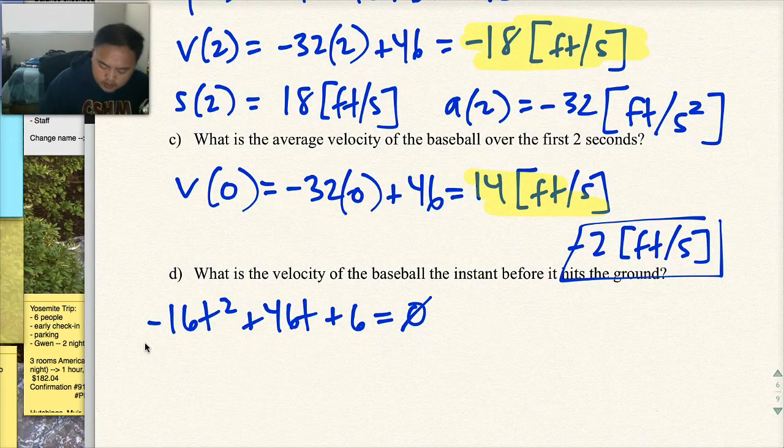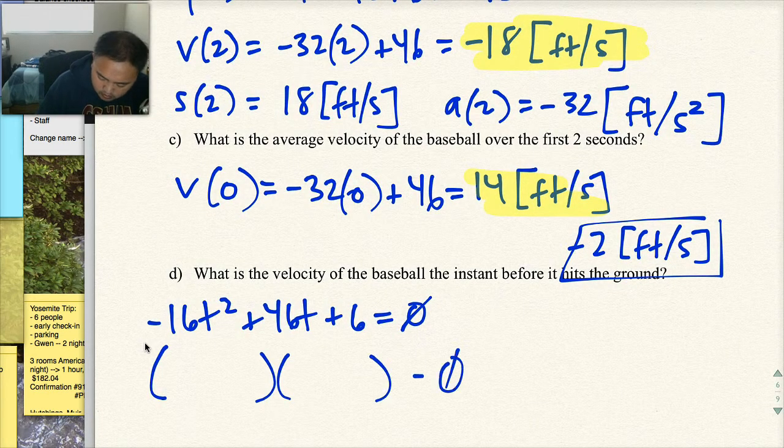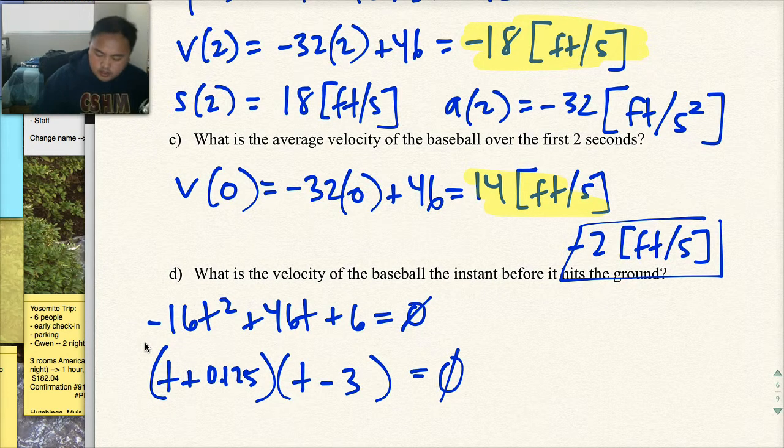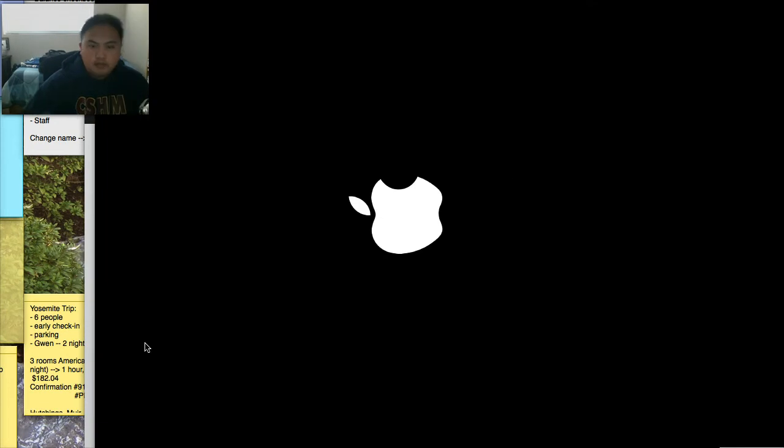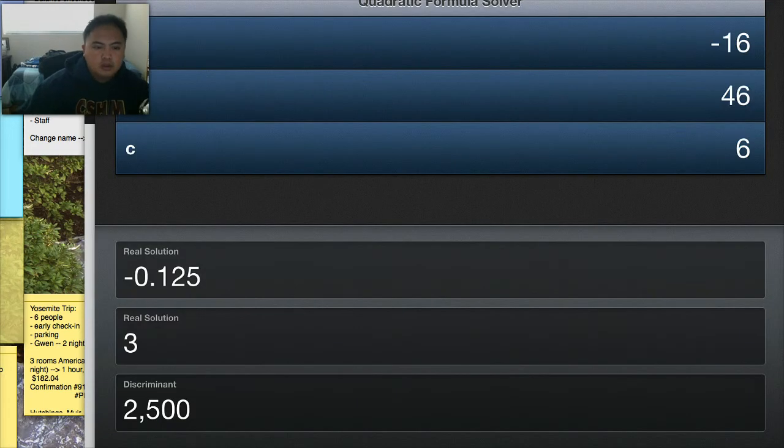That means this whole thing can be factored into t minus 3 and t plus 0.125. Okay, I'm back. So it tells me the answers are either t is -1.25 or t is 3.